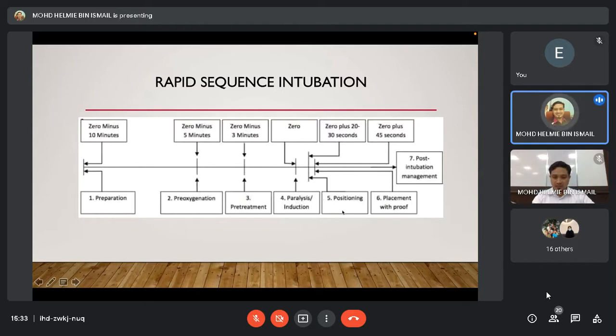And then number 5 is positioning, which is to make sure we intubate this patient in the correct position, inserting into the vocal cord, and then we need to make sure of the placement with proof. Lastly, after you intubate, you need to have post-intubation management. Okay. So basically, rapid sequence intubation, I think you can learn this RSI during your NS posting. Alright?